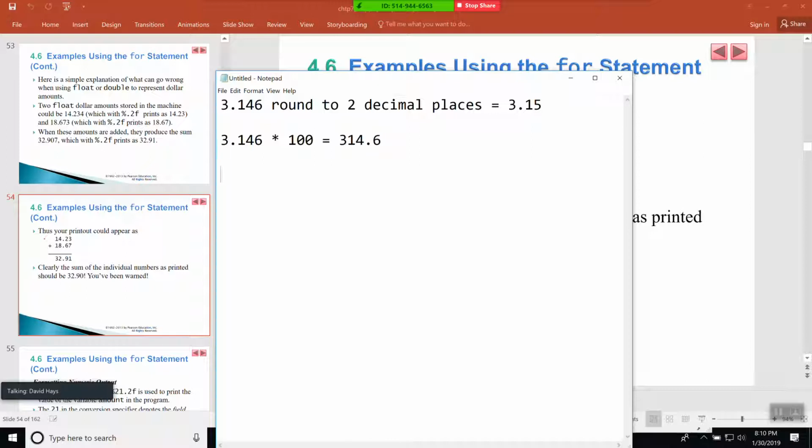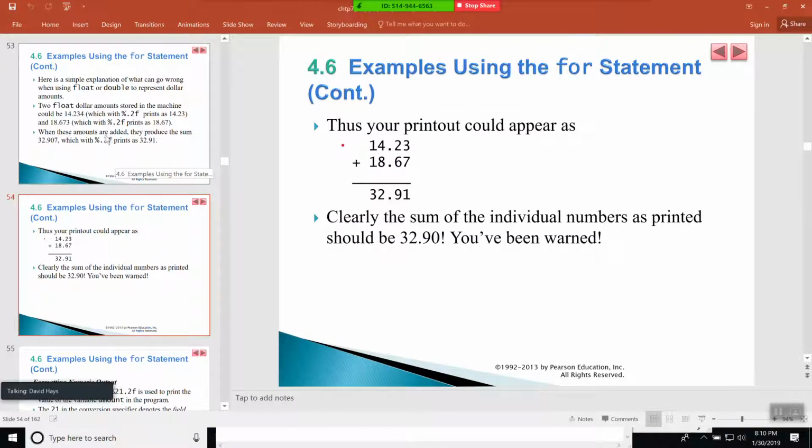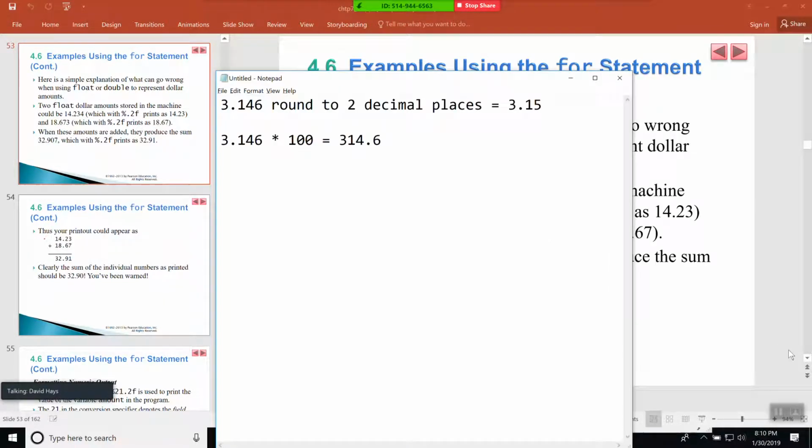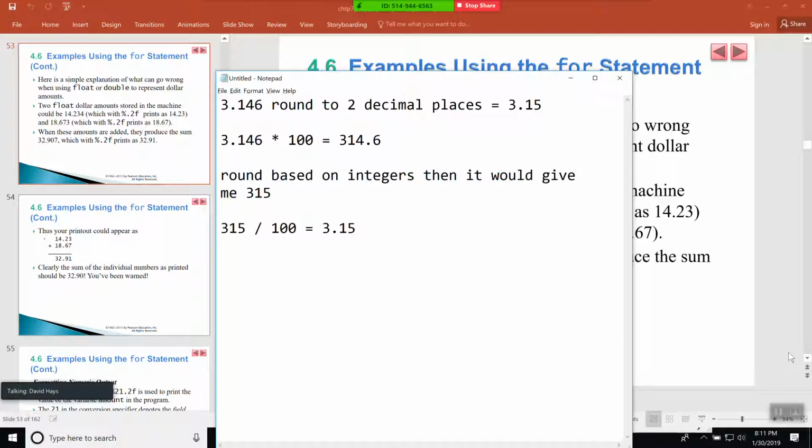Now, if you have a round function for integers, then if I round this based upon integers, it would give me 315. Then you take your 315 and divide by 100, and that gives you your 3.15.